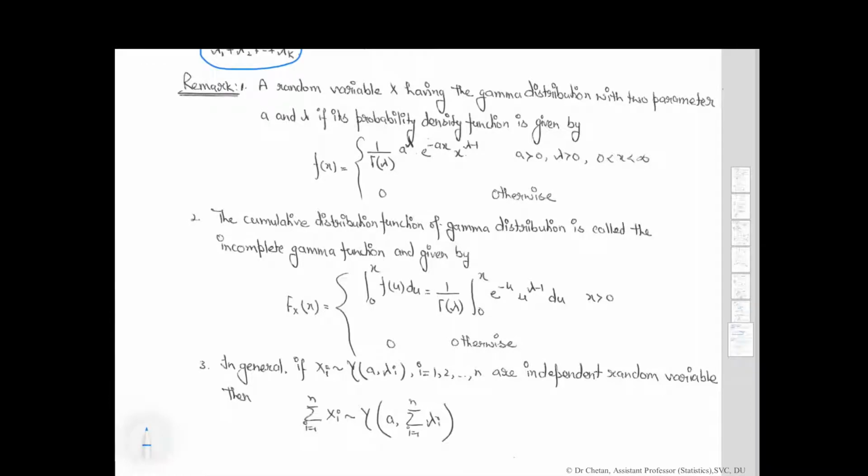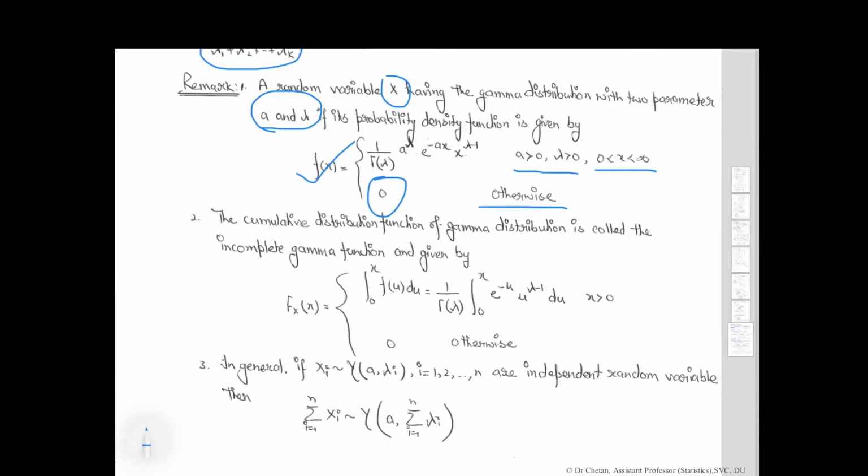Now we will study some special cases. First, a random variable x has a gamma distribution with two parameters a and lambda if its probability density function is given by this quantity, which is equal to 1 upon gamma of lambda into a raised to the power of lambda, e raised to the power of minus ax into x raised to the power of lambda minus 1, provided that a is greater than 0, lambda is greater than 0, and x lies between 0 to infinity, otherwise 0.